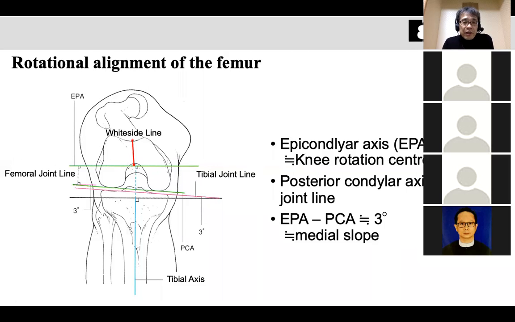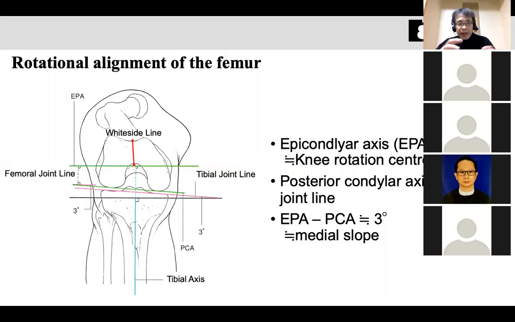This is considered to be the rotation center of the knee joint, the flexion extension axis. And this is parallel to the tibial cutting line. The tibial cutting line is perpendicular to the tibial axis again.